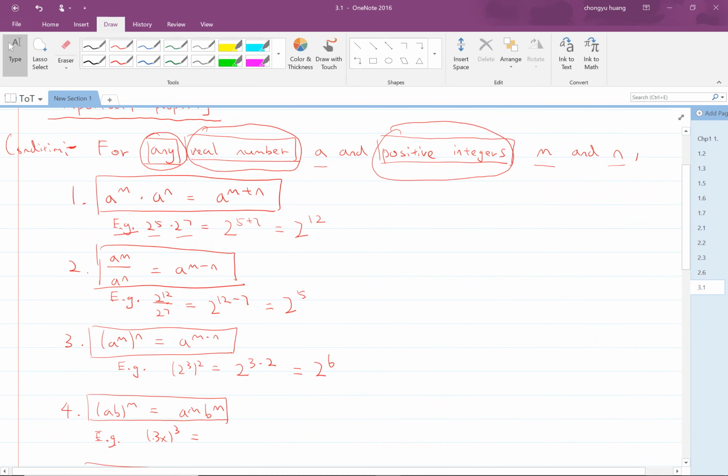Over here is bracket 3x bracket to the power 3, right? What this basically says is that we have a variable.